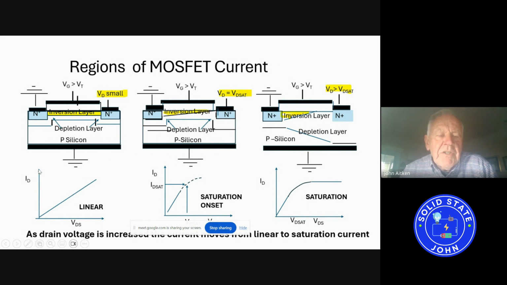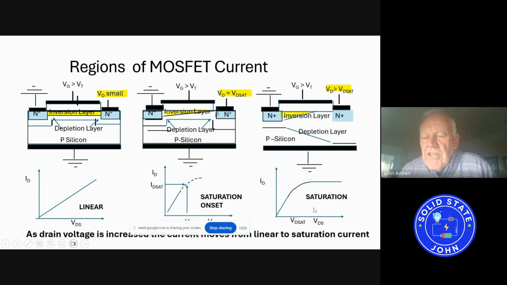In the linear region, the drain current increases linearly with the drain to source voltage that is applied. At the onset of saturation, when the inversion layer begins to narrow to zero in the channel of the device, a saturation voltage is reached, at something called the saturation current.